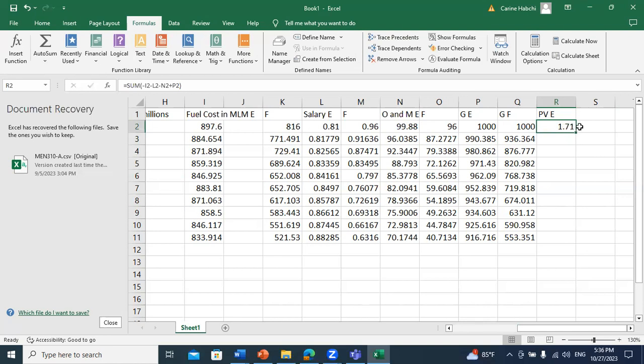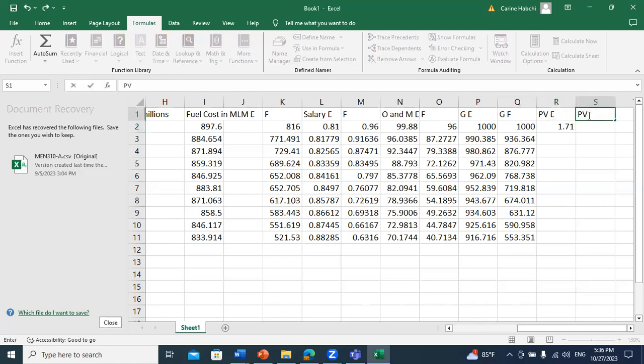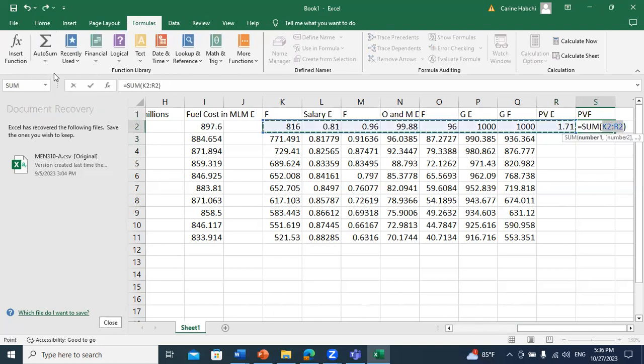We can do the same for PV financial, the present value for financial analysis. So we do the summation. We have first minus the financial fuel cost, minus the financial salary cost, minus the operation and maintenance cost, and plus the gain.